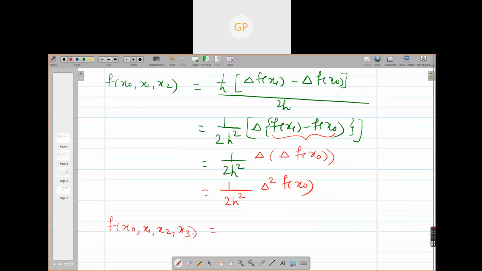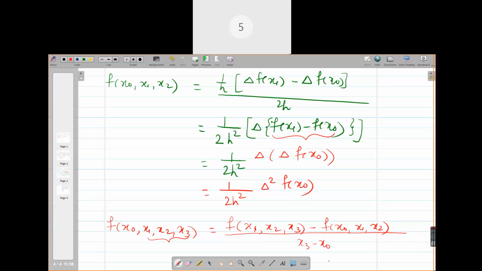What is the basic formula? We take the last 3: f x1, x2, x3 minus f x0, x1, x2, divided by x3 minus x0.